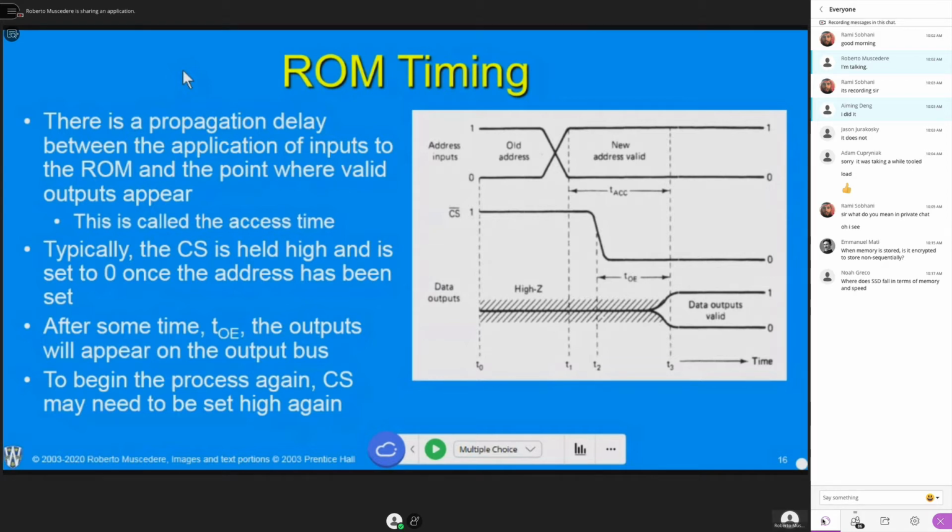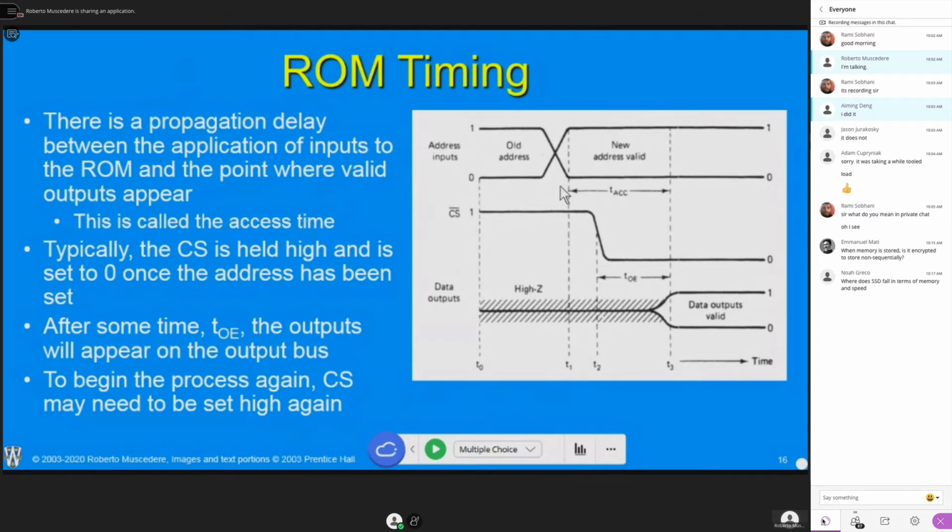So all memories have some type of delay associated with them. ROMs are no different. So here's our device, and here's our address input. Once I change this input, and again, these are asynchronous devices, there's a timing circuit built into the memory. We don't see it, but it is there.